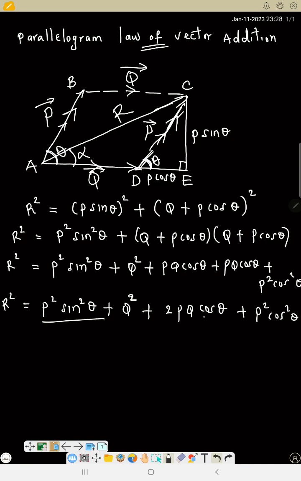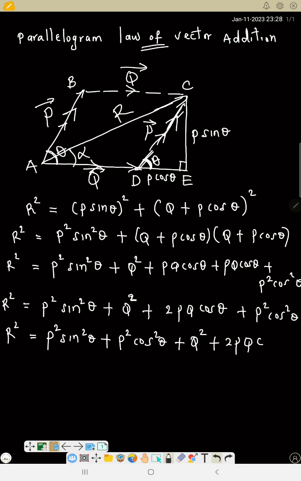Now I'll bring these two together. So this becomes r square equals p square sine square theta plus p square cos square theta plus q square plus 2pq cos theta.